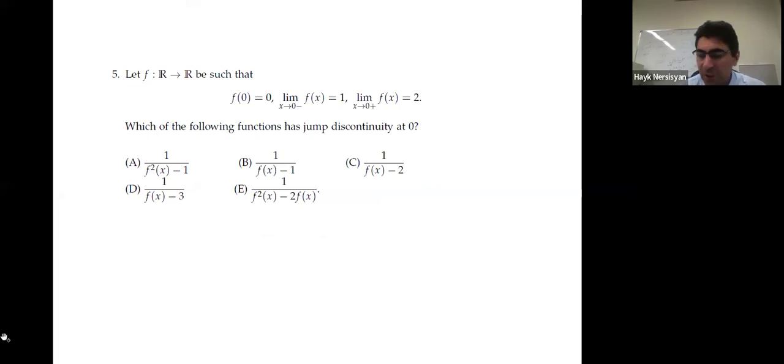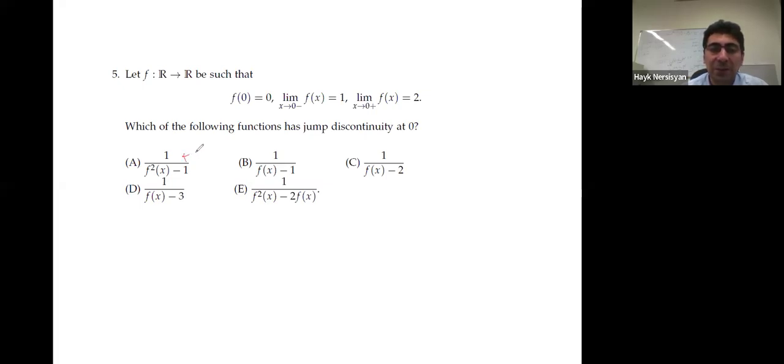Jump discontinuity means that we have a limit at point 0 from the right, we have a limit from the left, but these are two different limits. Okay, so let's begin with the first one. When x goes to 0, what is the limit from right and left?